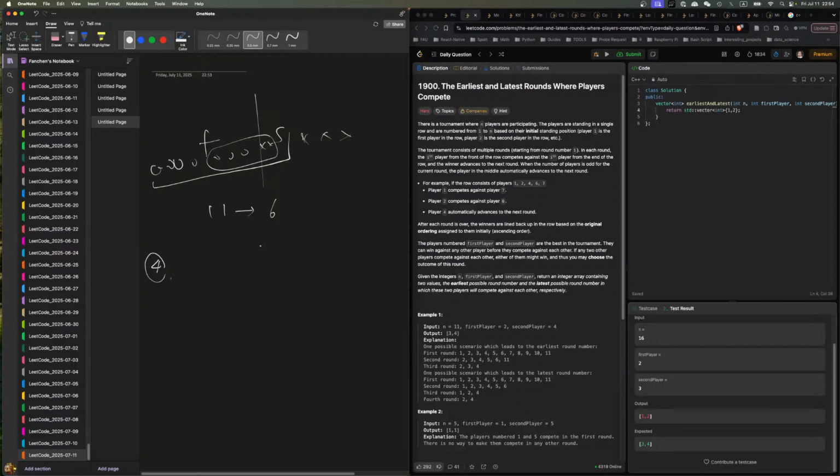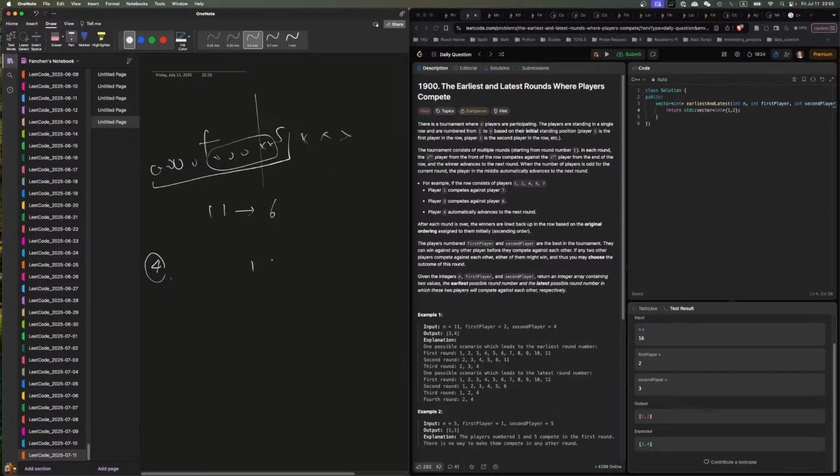So 6 is already, like one round, I am already able to do the cross.